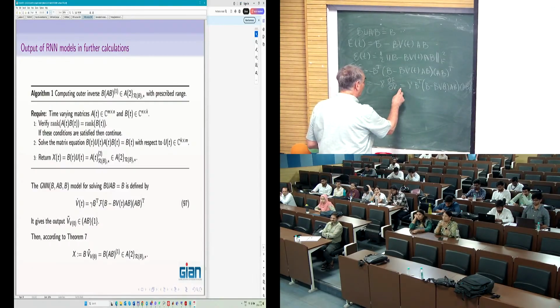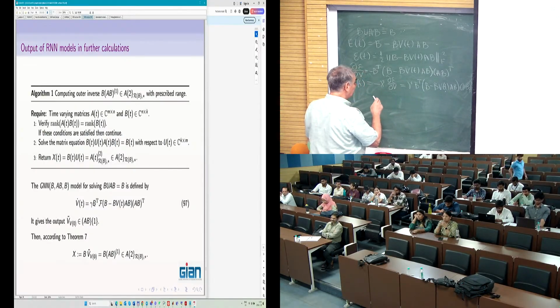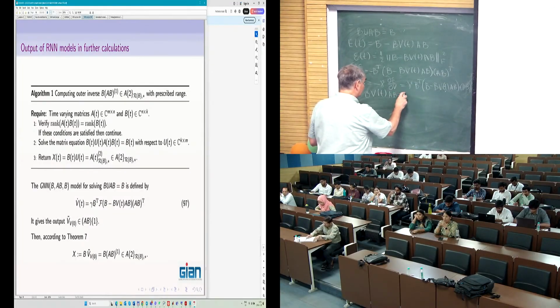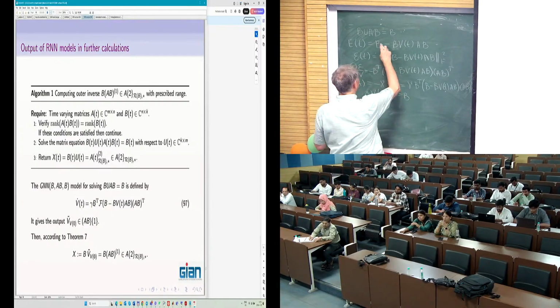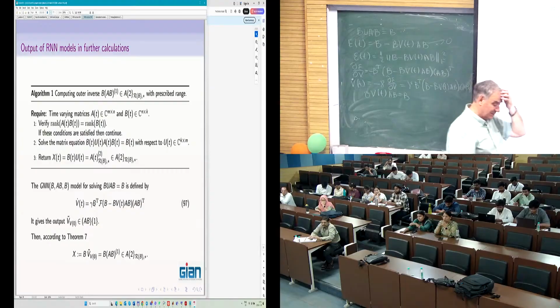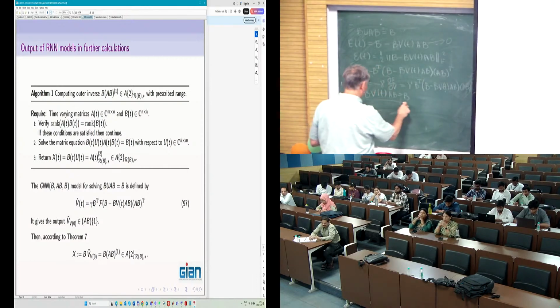The result of this GNN design, a continuous time recurrent neural network design, will be a matrix V of t satisfying B V of t AB equals B, of course, because the GNN design forces the error function to 0 when time tends to infinity, and when time tends to 0, this equation will be satisfied.